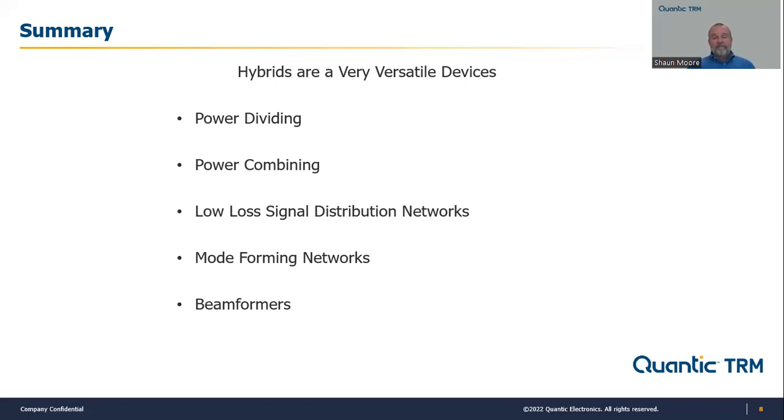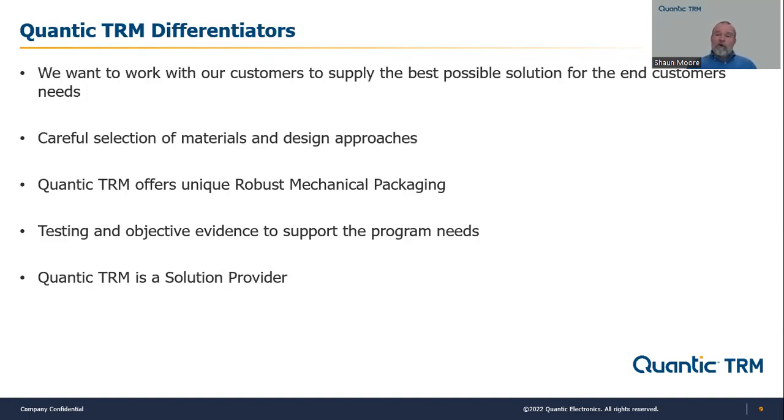Okay, and maybe you could share a little bit about Quantic TRM and some of the differentiators that you think help Quantic TRM to stand out in the marketplace. Sure. So really what we like to do here at Quantic TRM is work with our customers to make sure that the solution you have is really the best for your system, so that your end customer gets the best performance possible.